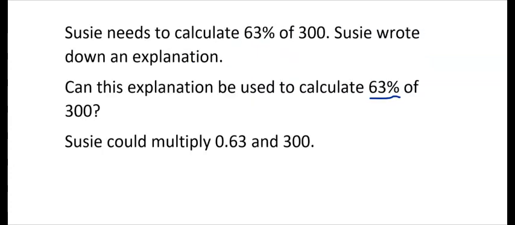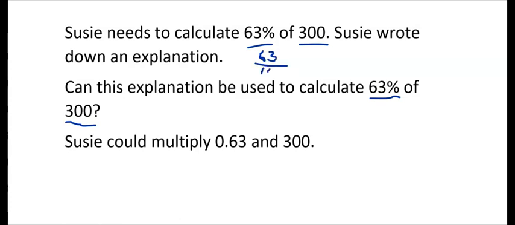Okay, the last example, it says Susie needs to calculate 63% of 300. Susie wrote down an explanation. It says, can this explanation be used to calculate 63% of 300? All right, well, really, all you have to do is remember that we make 63% into a decimal by moving it over 2 places. Remember, because 63% is the same thing as 63 over 100.